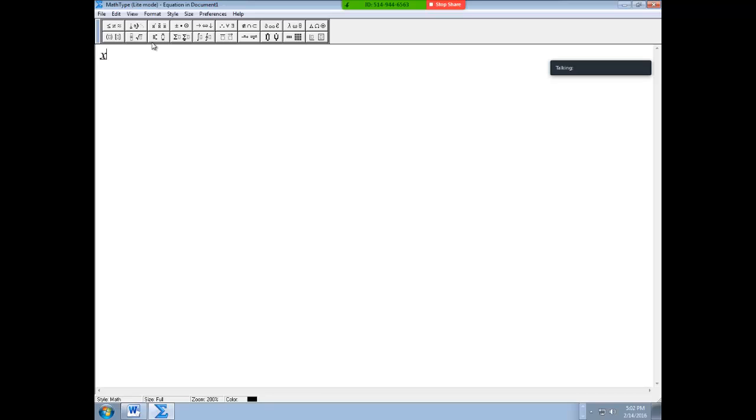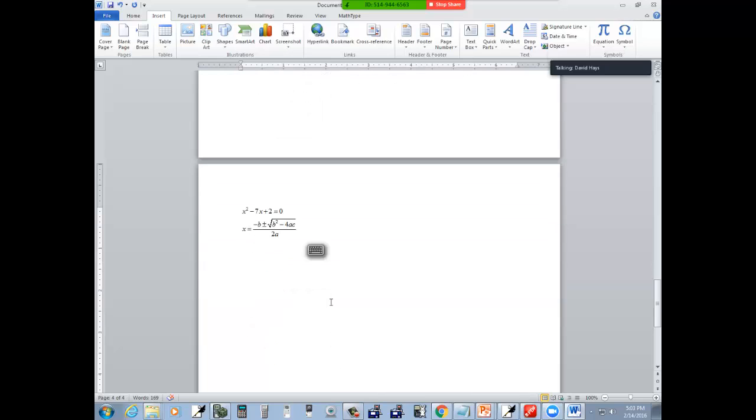Then I can type in here, minus 7x plus 2 equals 0, and x equals, and it'll do fractions. That's one method, and this is what I use a lot when I'm creating documents. When you close that, it puts it into your Word document, and you can resize it or whatever.